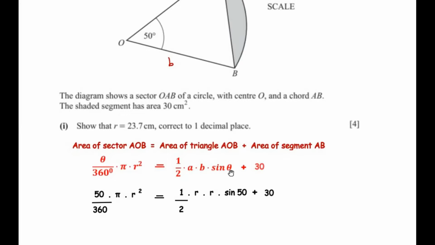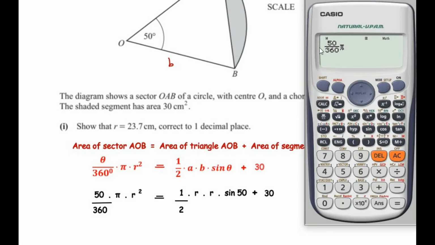sine 50 plus 30. Now let us see what 50 over 360 times pi gives us. So this is going to give us 5 over 36 pi, or in decimals we are going to get 0.43633. So let me write here. On the left hand side I have taken 4 decimal places.